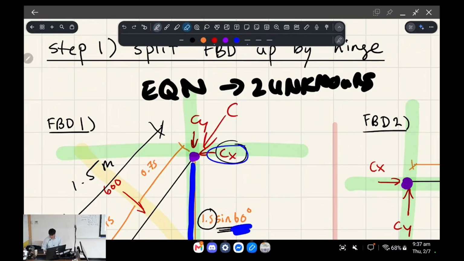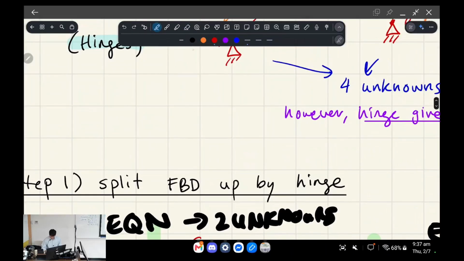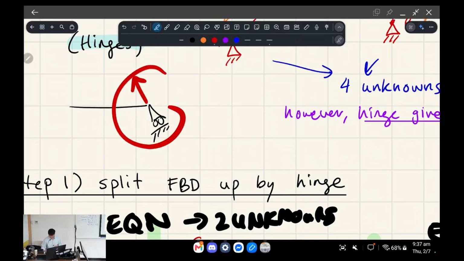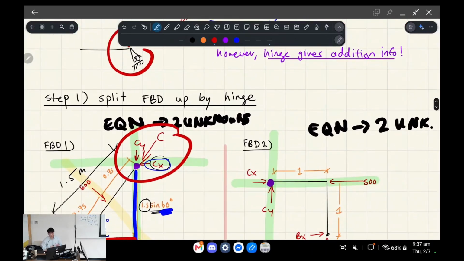I kind of get what you're saying, because a few weeks ago we were talking about, I can't remember exactly what it was, maybe a roller support at an angle. The thing about a roller support at an angle is that the horizontal and vertical components are not independent of each other, because we know a set perpendicular direction for that reaction. However, this hinge behaves more like a pin.